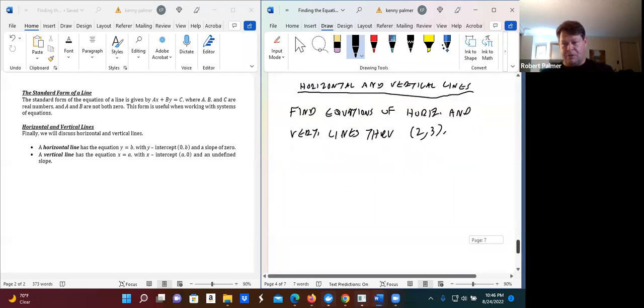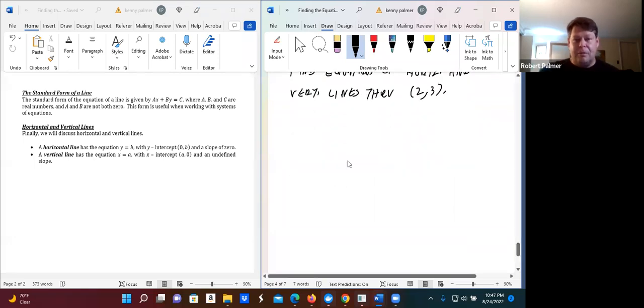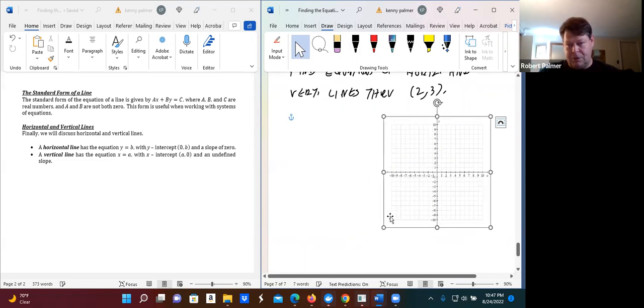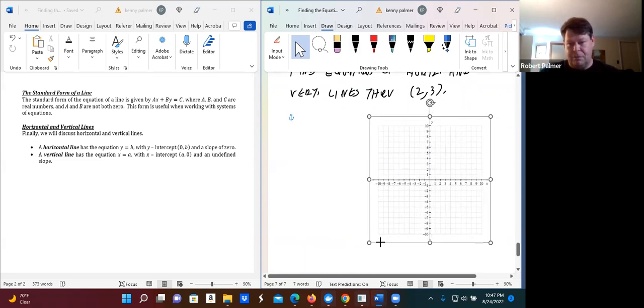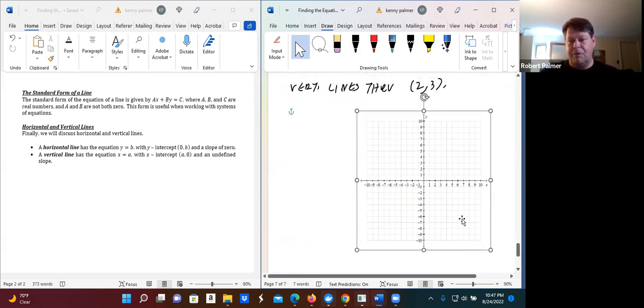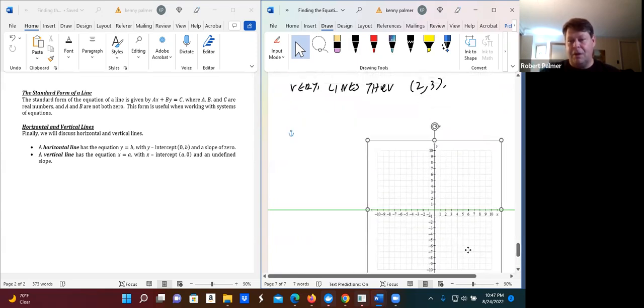Okay, so let me paste an axis on here with the graph. Hopefully it's still there. Good. I'm going to enlarge that some. Actually, let me move it down a bit.